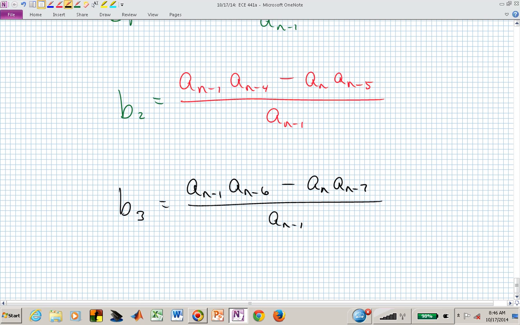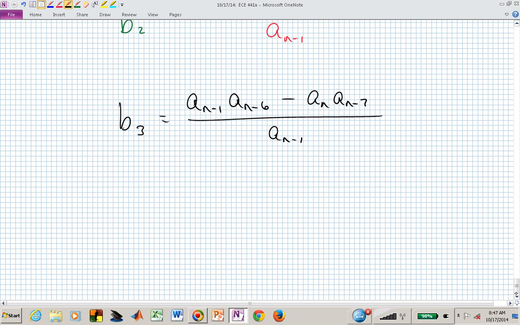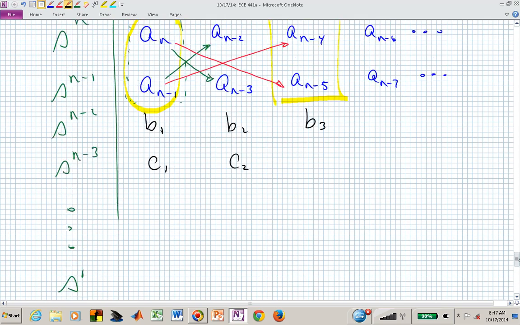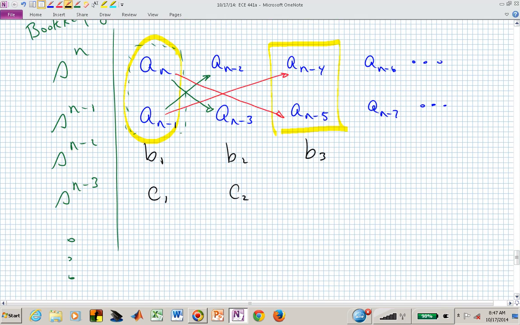Now, to generate the C row, it's the same process, except it's now using the 2 rows immediately above it. C1 is now going to use B1 times A sub n minus 3 minus A sub n minus 1 times B sub 2, all divided by B1.